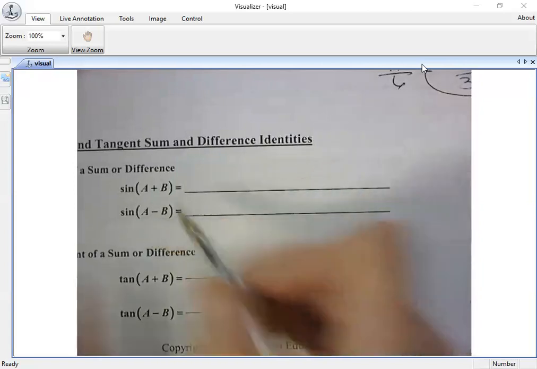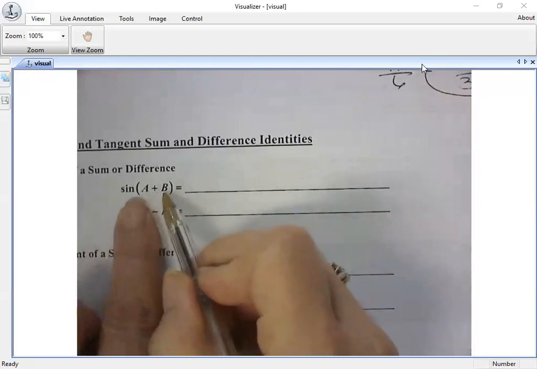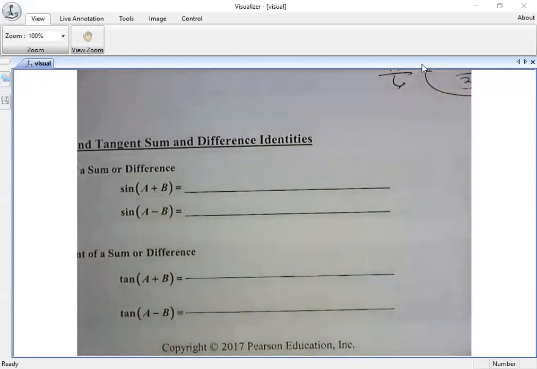The sine of angle A plus angle B. If I have some angle that I don't know the exact value of, but I recognize I can write it as a sum or difference that I do know exact values for, here's the formula. Here's what's different with sine. We don't keep sine and cosine paired up like we did in the cosine sum and difference identities. We have to take one of each here.